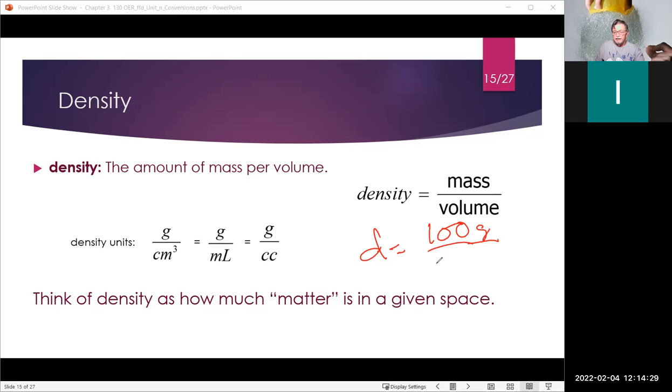So we could say that it is 1,000 milliliters, correct? All right, and so the density for this theoretical loaf of bread would be what?